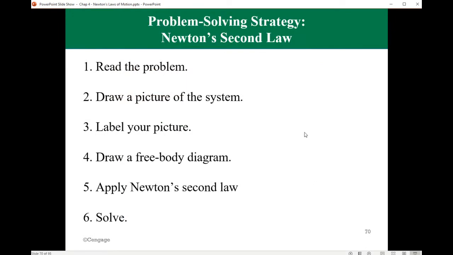Always when you solve problems using Newton's laws of motion, it's always good to read the problem twice at least, make sure you understand it. Then draw the free body diagram, the picture, identify the force vectors, label the picture properly, and then apply Newton's second law and solve for the unknown.